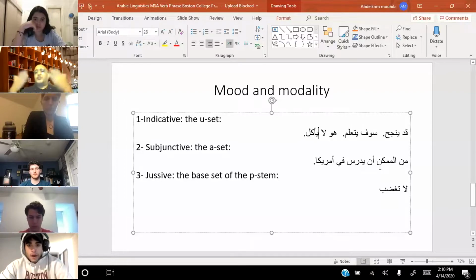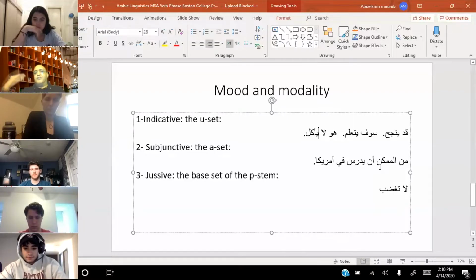The most possible example I can think of is negating with la, but be careful, you're negating the imperative, okay? Don't be mad. تغضب, لا تغضب, be patient. لا تغضب. So you understand how different it is from هو لا يأكل.